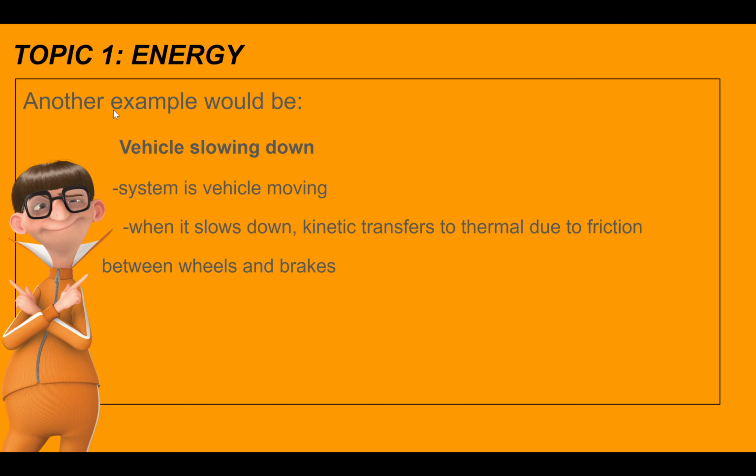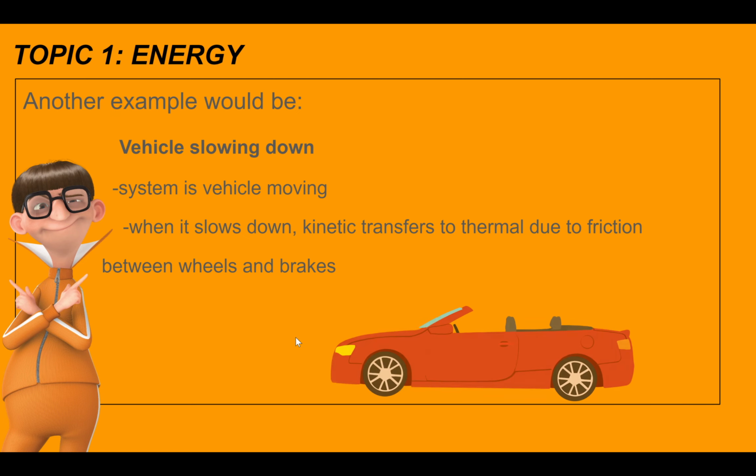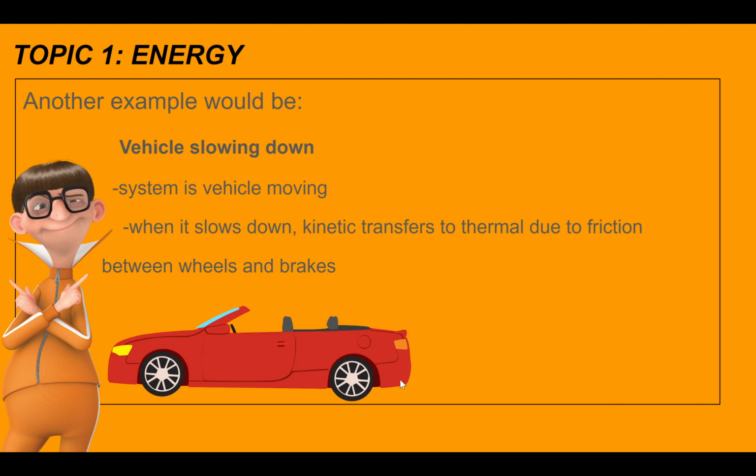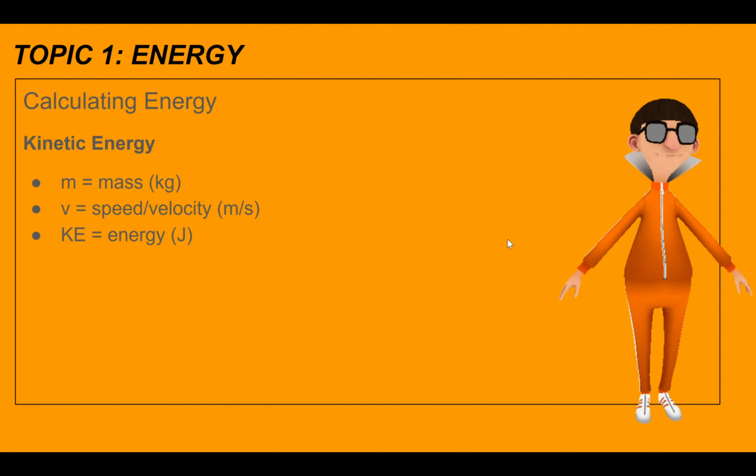Another example would be a vehicle slowing down. The system is the moving vehicle, and when it slows down, kinetic energy transfers to thermal due to friction between the wheels and the brakes. So how do you calculate energy?